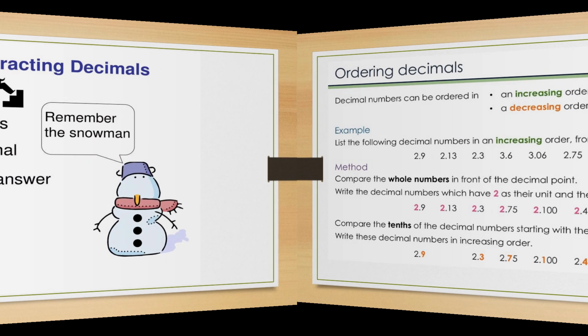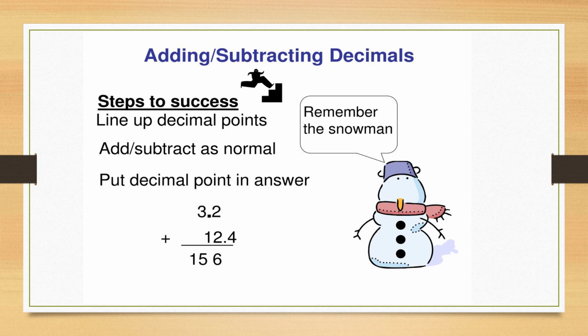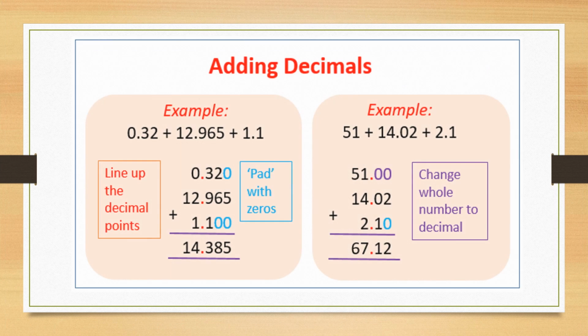Now come to the addition and subtraction of decimals. You have to arrange them in a proper column. This mismatch is not good for your calculations. Even if you can get the answer, it's still not good. For this, always remember the snowman rule: all the dots in a single column. So if you have to add 0.32, 12.965 and 1.1, what do you have to do?